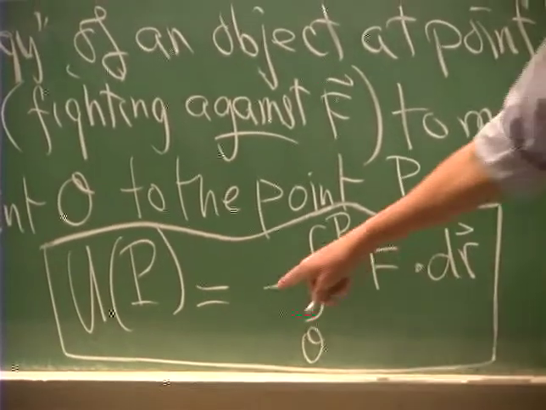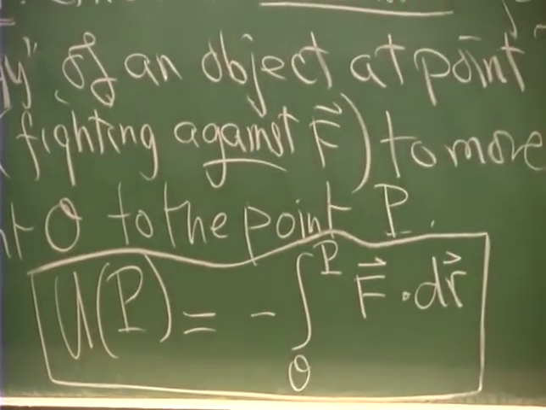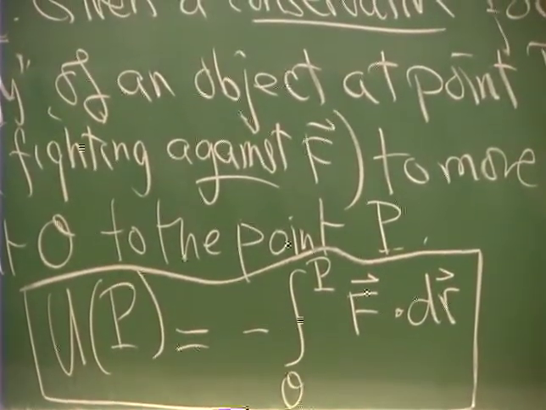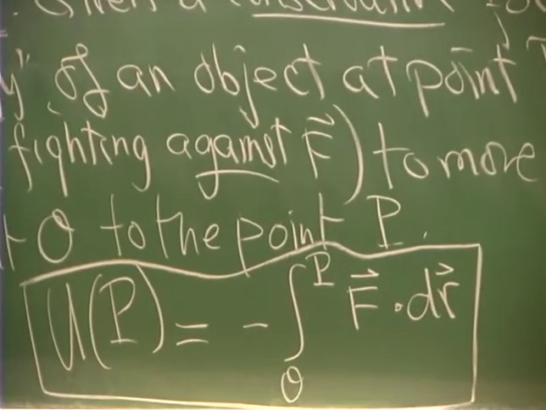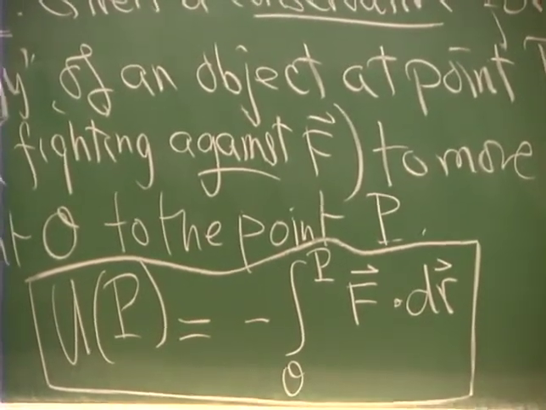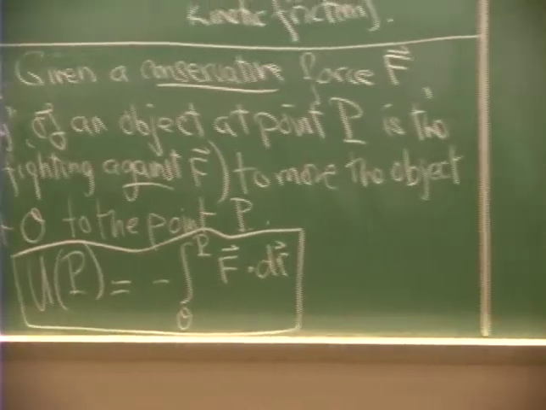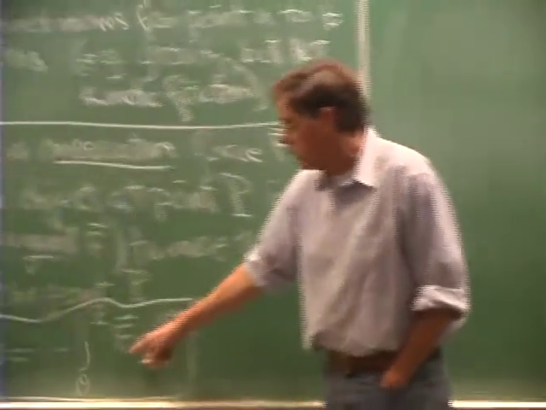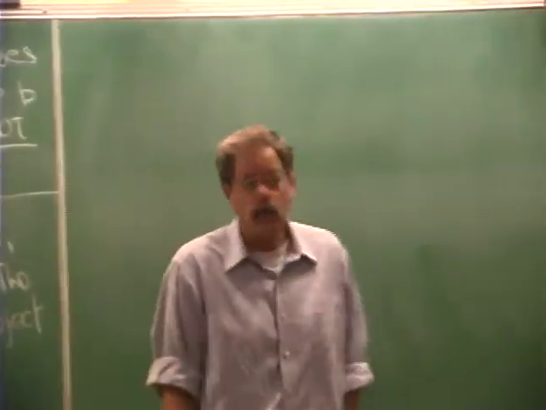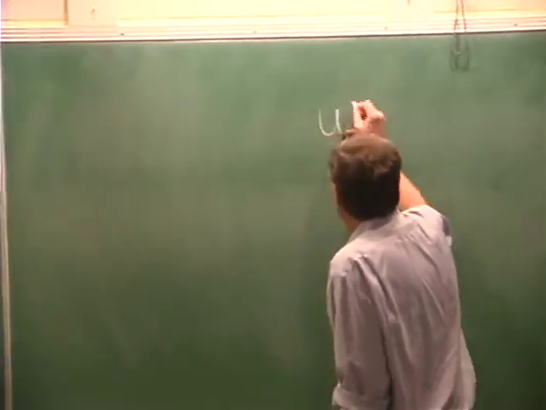First, how come the minus sign out in front? The minus sign is out in front because the definition of potential energy is the work I have to do, not the work that the force F itself has to do. I was fighting against F, so the force I'm exerting actually is minus F. We could write it like this, but it seems cumbersome.